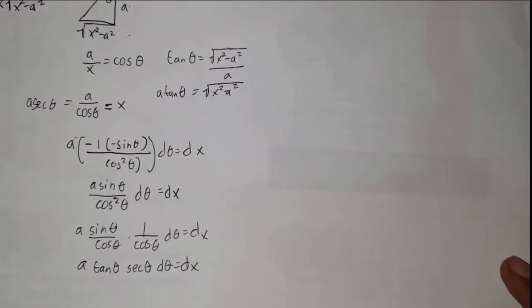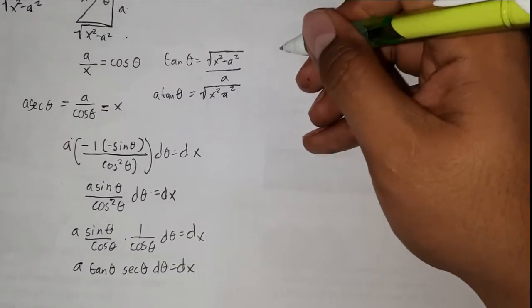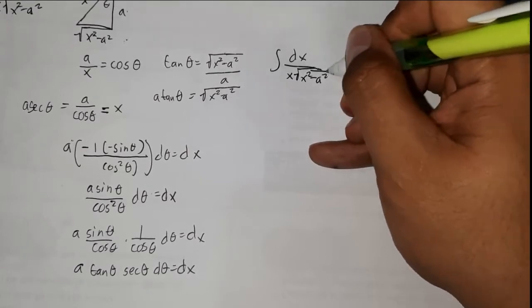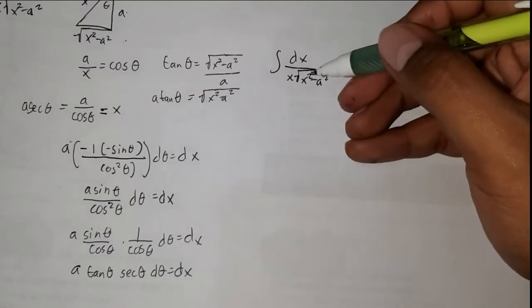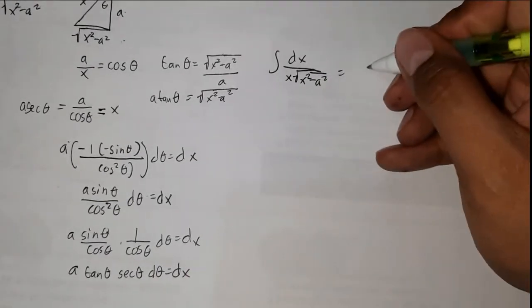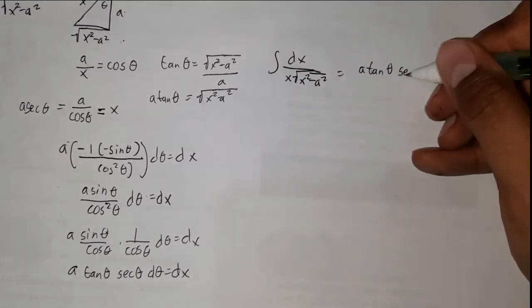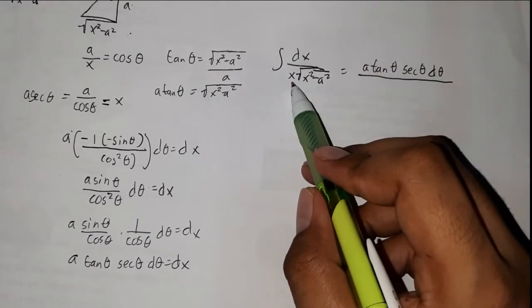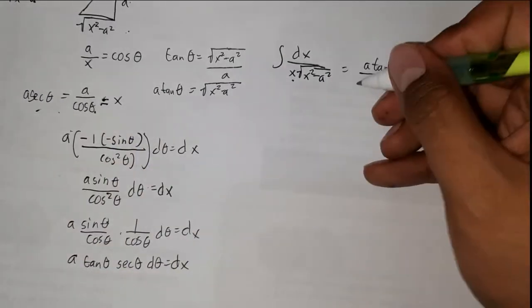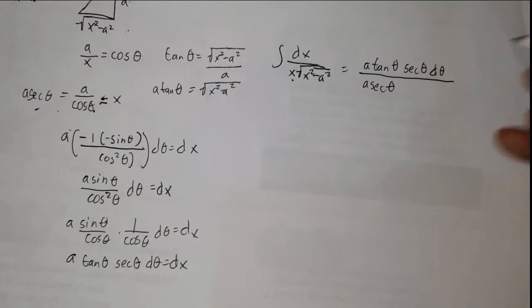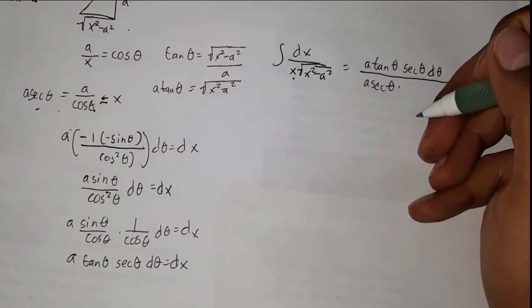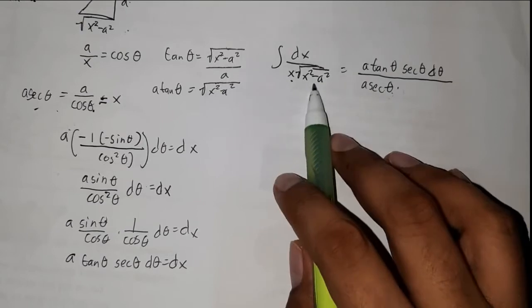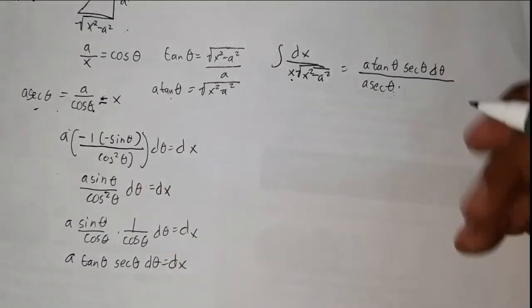So let's solve it now. From the integral of dx over x squared times the square root of x squared minus a squared, dx is just a tangent theta secant theta d theta, over x, which is a secant theta, squared, times the square root, which is a tangent theta.